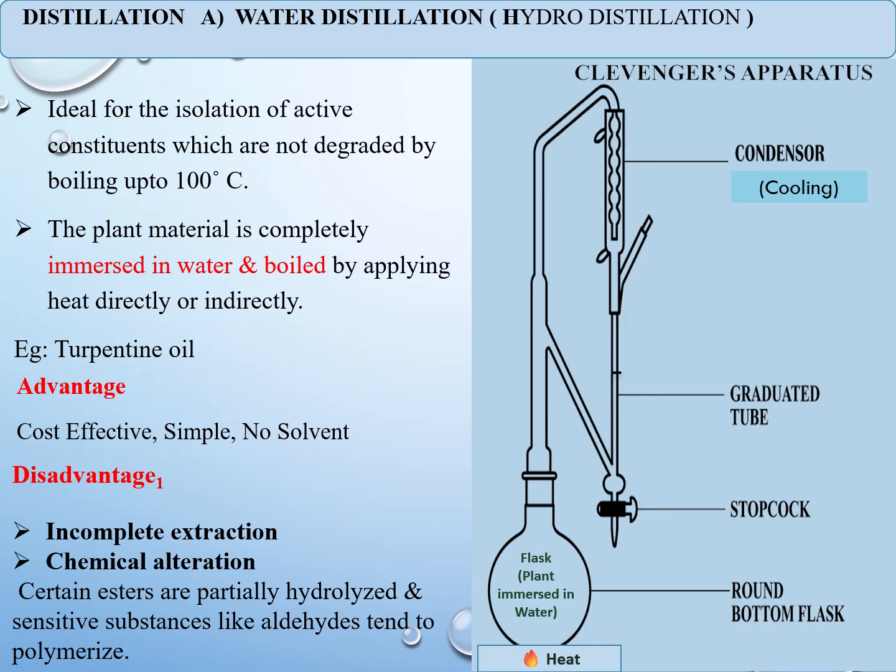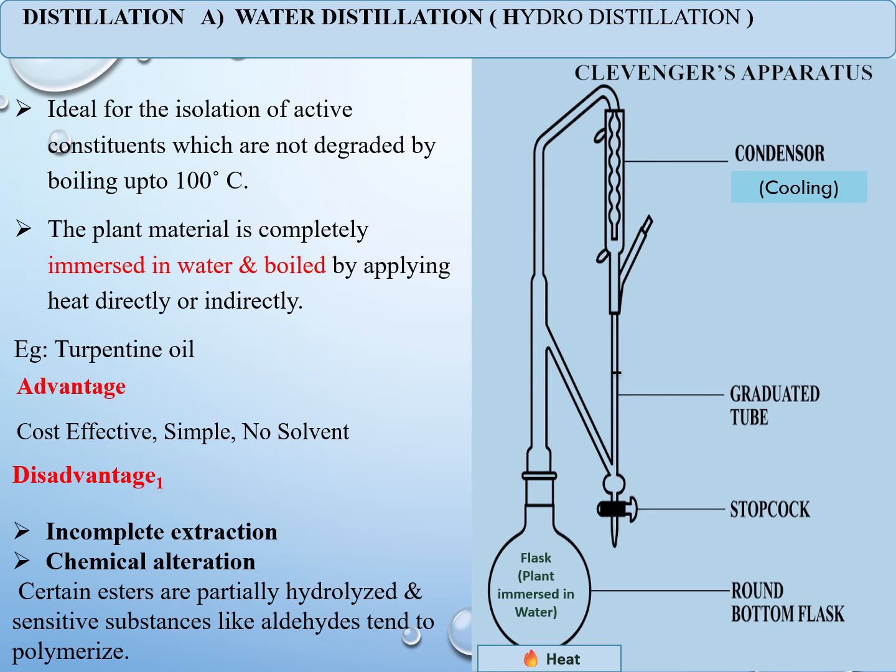And once we heat the plant material which is immersed in the water, what happens? The water will vaporize, then volatile oil also will vaporize, because the volatile oils are highly volatile in nature even at room temperature.